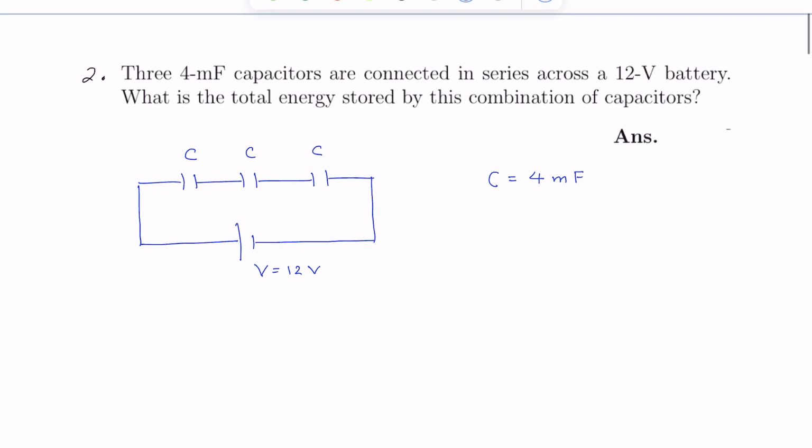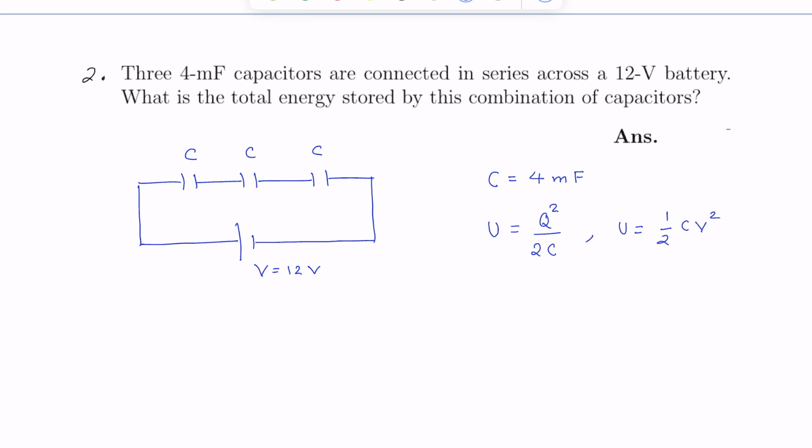If you look up in your book, and this formula will probably be given to you in the exam, energy stored in a capacitor is given by U, charge stored squared divided by twice the capacitance, or when you use Q equals CV, you get U equals half C V square.